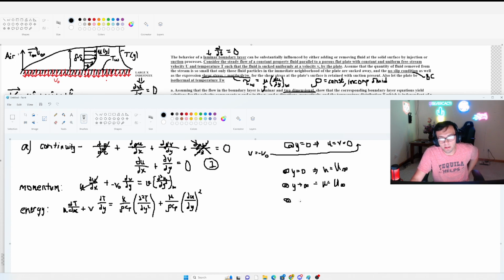Alright, here's the boundary conditions at y equals 0. You see that T_W, this is the temperature of that sponge. So basically, T, because we're not talking about u now, is going to be equal to T sub W, which is the temperature at the wall.